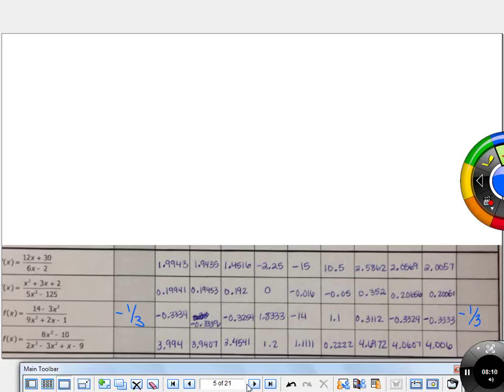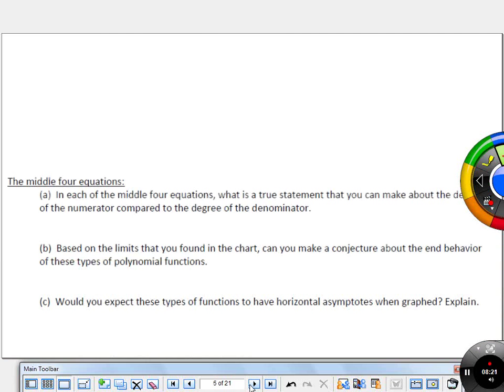What are some things you guys noticed as you filled in end behavior here? Okay, so first going to these questions here, when we compare the degree of the numerator to the degree of the denominator in that middle set of equations, the numerator and denominator have the same degree.